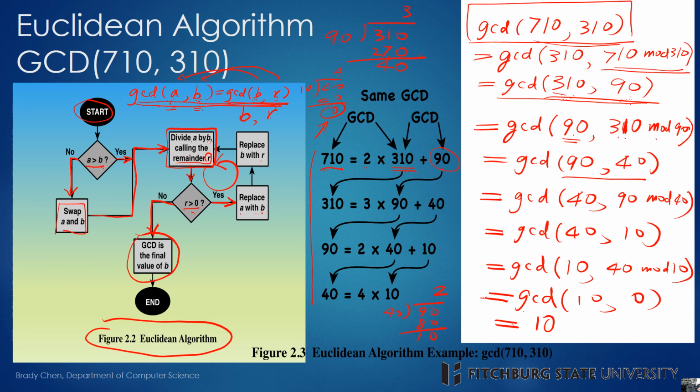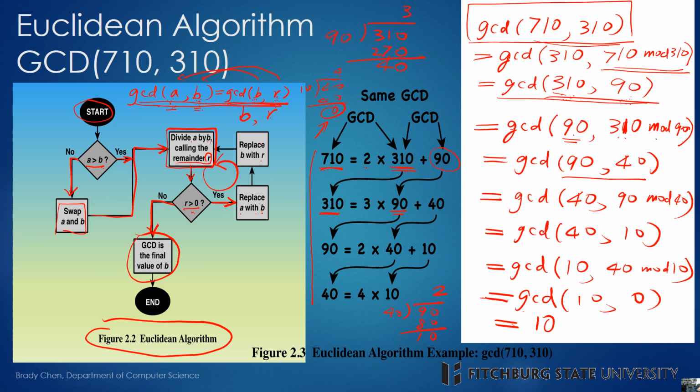Then we turn the problem into finding the greatest common divisor of 310 and 90.